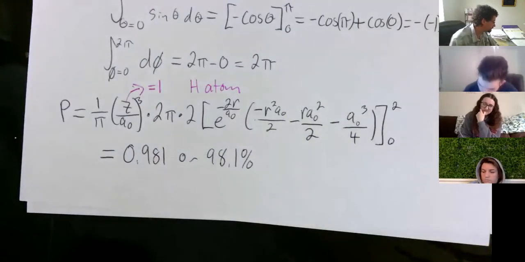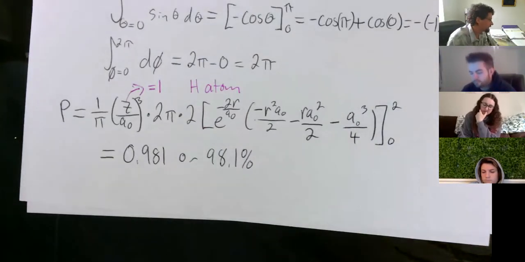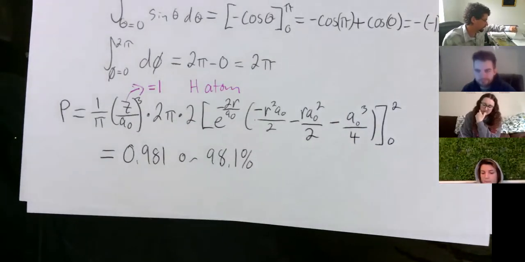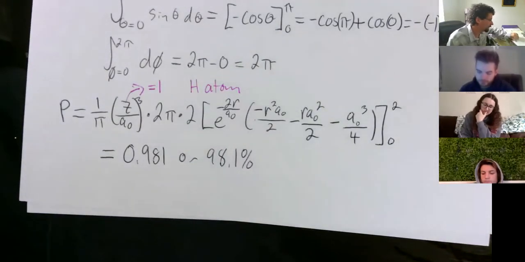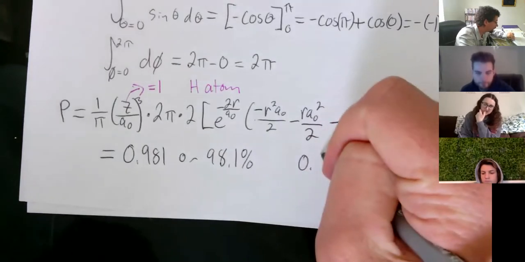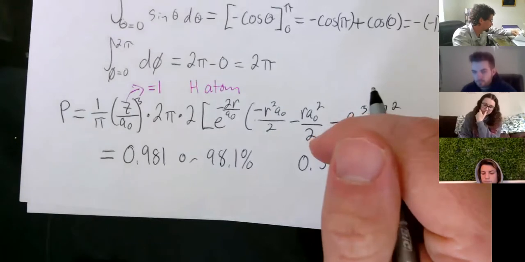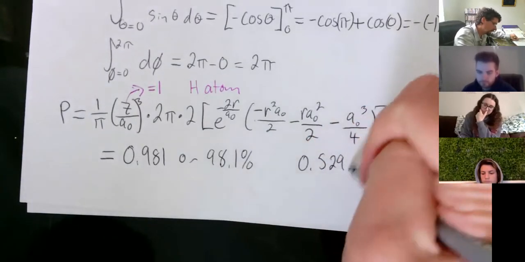Okay. And what's a naught again? A naught is the Bohr radius, that has a specific value. 0.5 something. What'd you say, John? 0.529. Yeah. 0.529 angstrom.